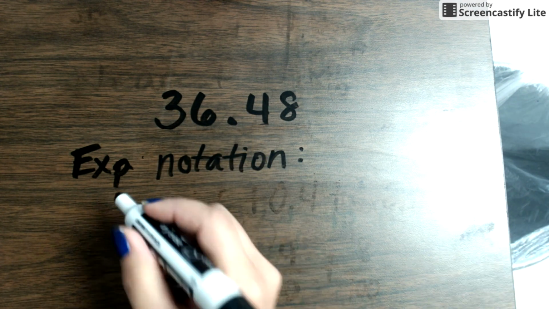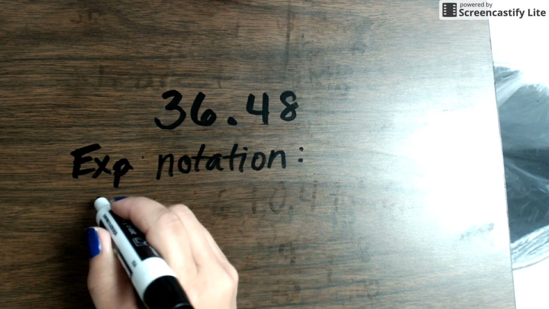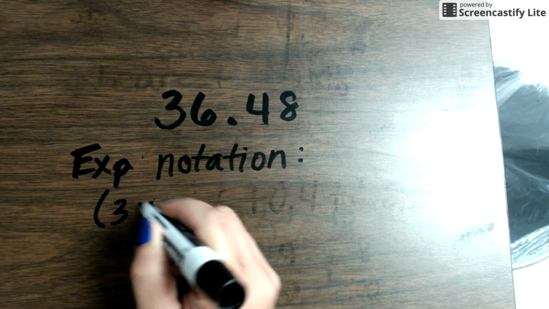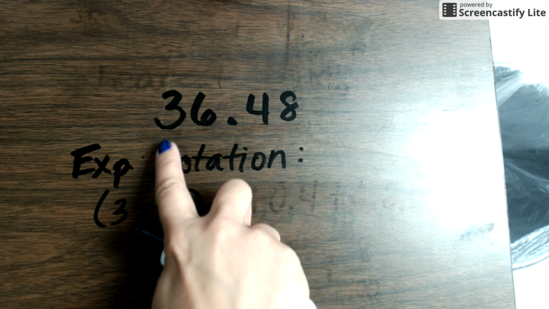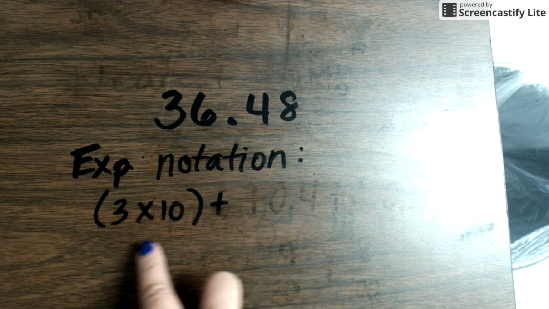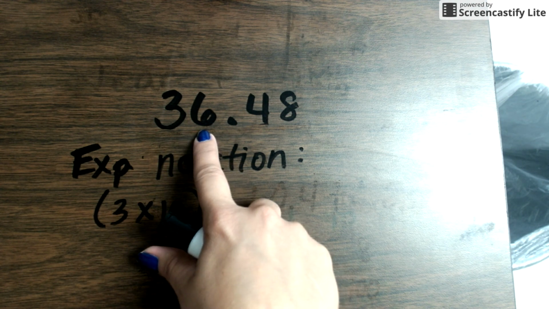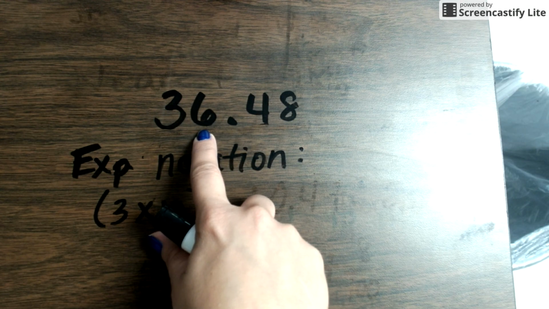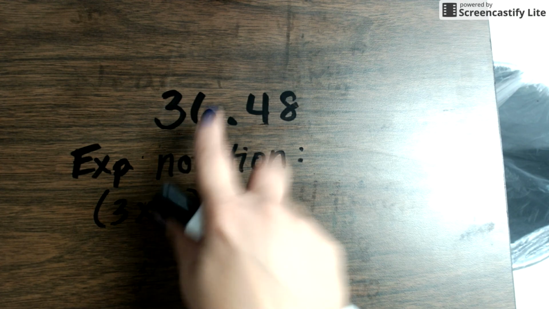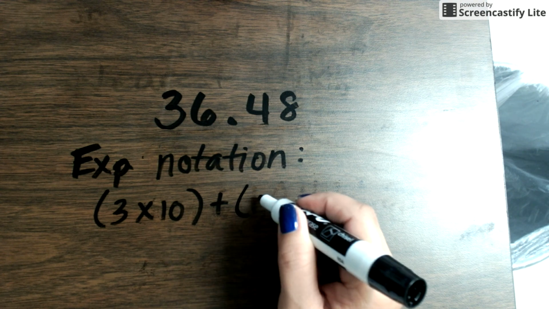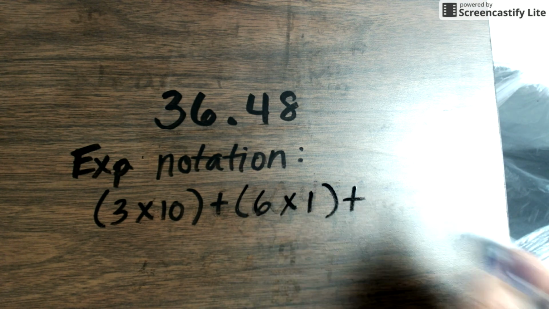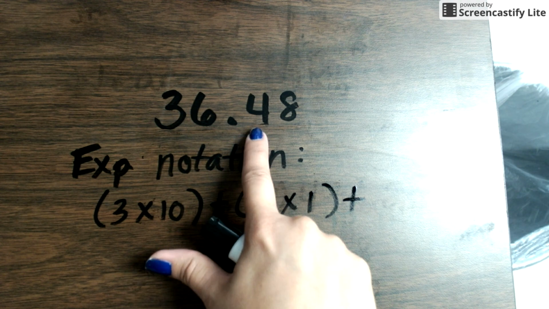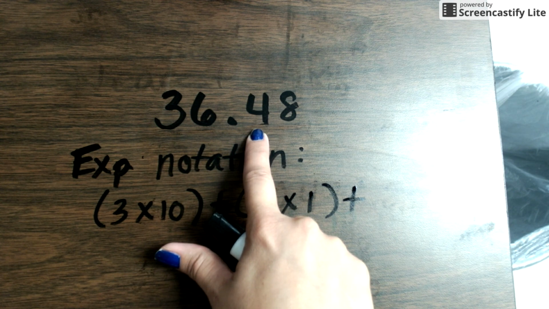That means we have 3 tens. Therefore, the expanded notation would be 3 times 10 plus, because we have a 3 in the tens place, 3 times 10. There's a 6 in the ones place. We have 6 ones. So that would represent 6 times 1.